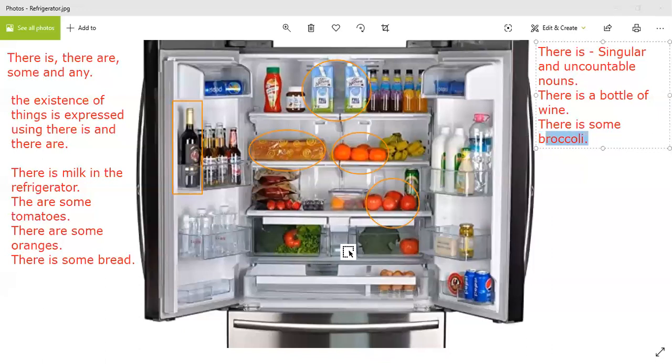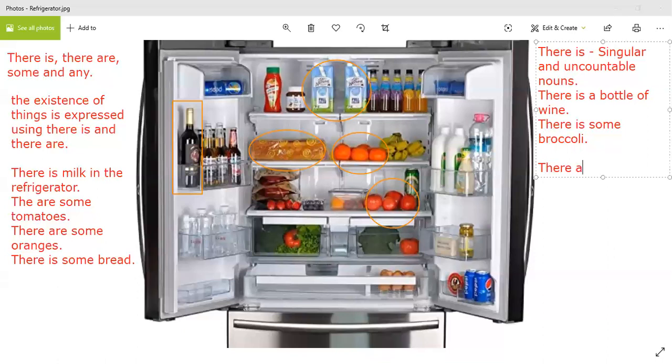So we got broccoli right there. You see it? This is broccoli. This is broccoli too. We also have some lettuce there. So we say there is some broccoli because it's uncountable, okay? It's not singular, it's just uncountable. We cannot count the broccoli. We cannot say one broccoli, two broccolis, that's impossible, okay?